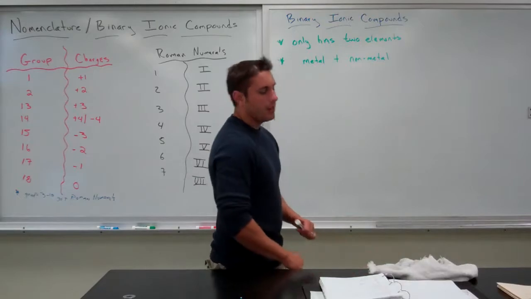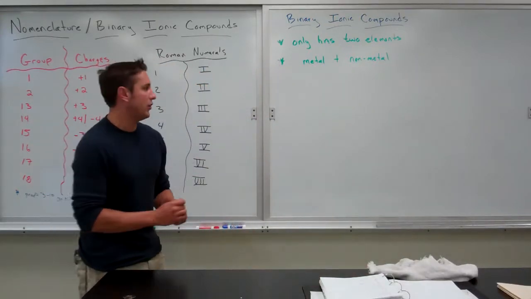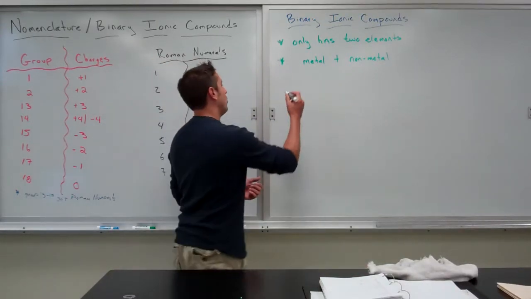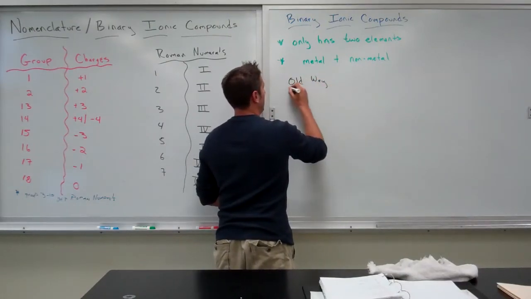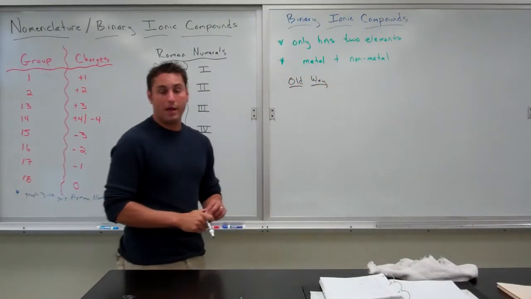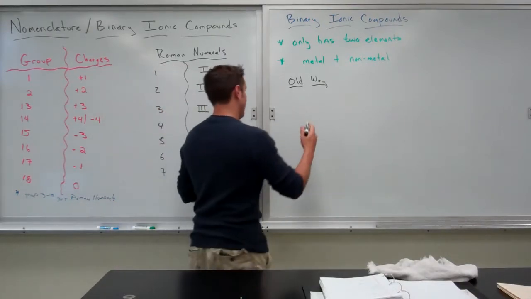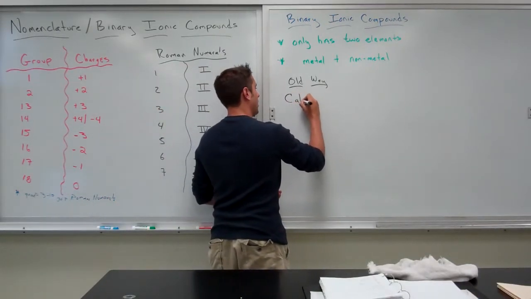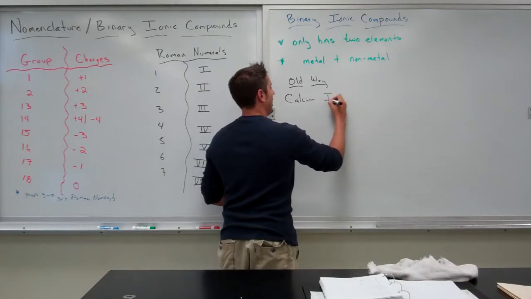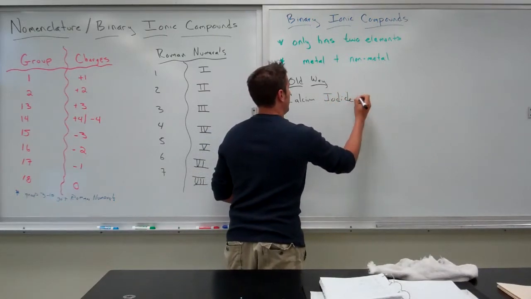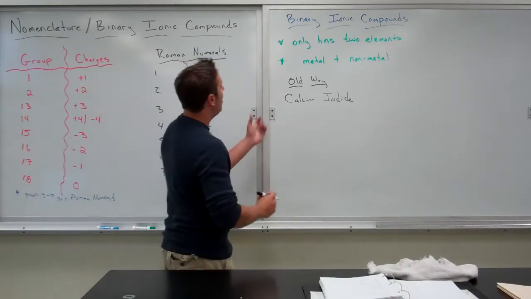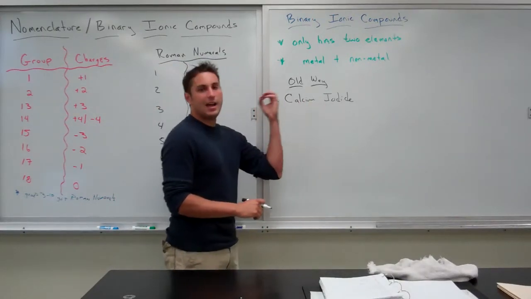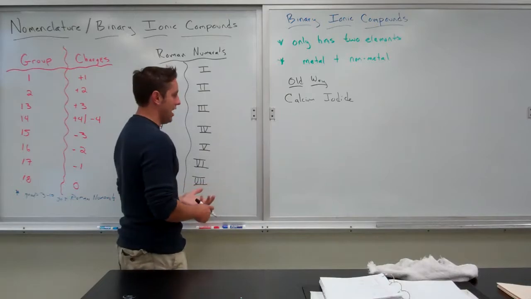Now, to show you why we're going to learn this system, I really quickly would like to show you basically the old way of figuring out compound formulas. For instance, if I knew I was forming a compound with calcium and iodine, which would be called calcium iodide, what we used to do was say, okay, calcium iodide is a metal with a non-metal, it's ionic.